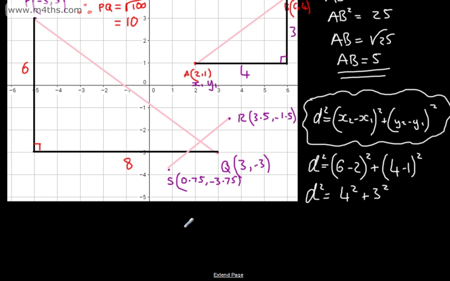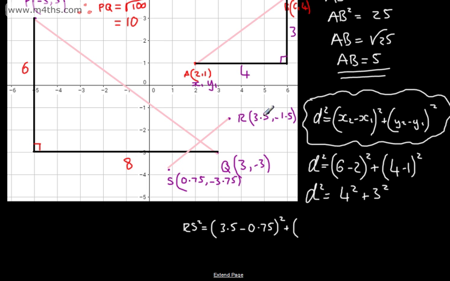So let's go ahead. What we can say then is RS squared is going to be equal to, we're going to do the change in x, or x2 minus x1, which is going to be now 3.5, and then we're going to subtract from that now 0.75. We need to square that, plus now the change in y.